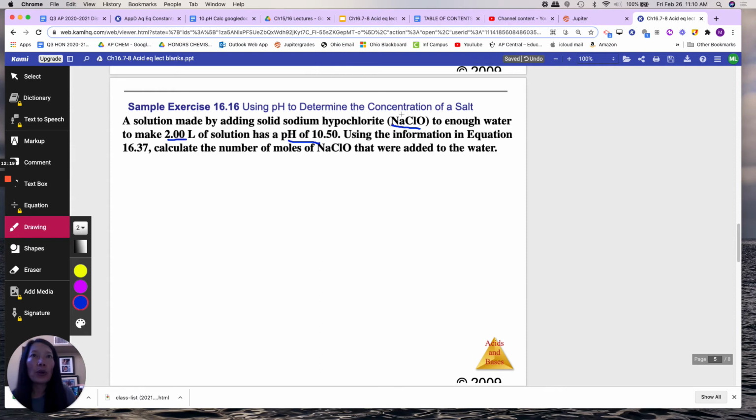NaClO, don't care about the Na, just care about the ClO minus. So the ClO minus is going to be your base, and you're adding that to water. And the H goes this way, you're going to make HClO and the OH minus. So that is your equation.